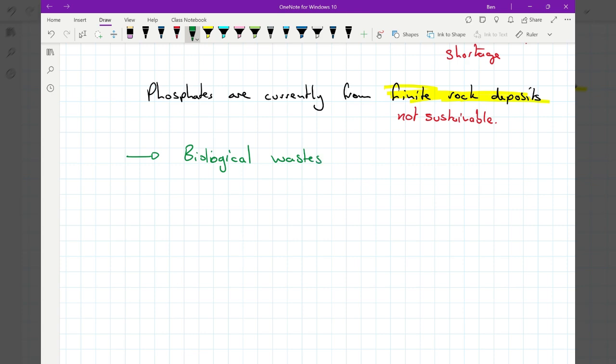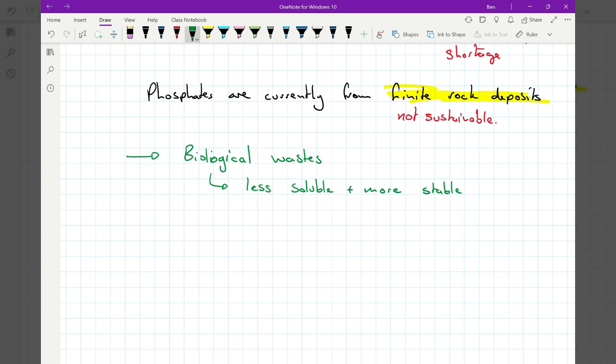So this returns that phosphate that was removed as harvested crops and returns them back to the soils. Now this has the benefit of being less soluble and more stable. So biological wastes are quite good at adding phosphates back in because those phosphates won't then immediately wash out.